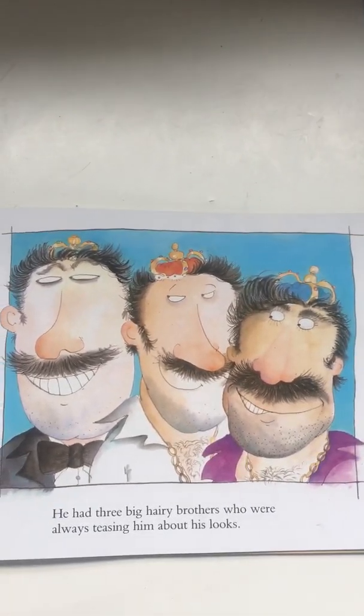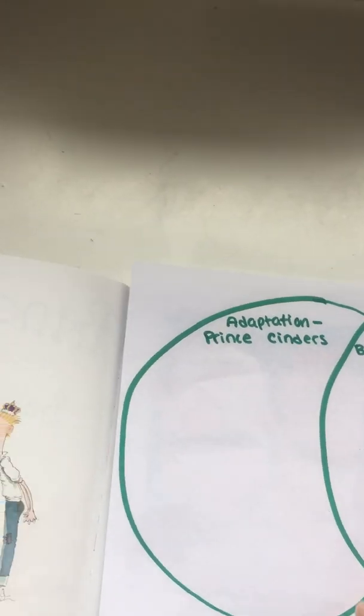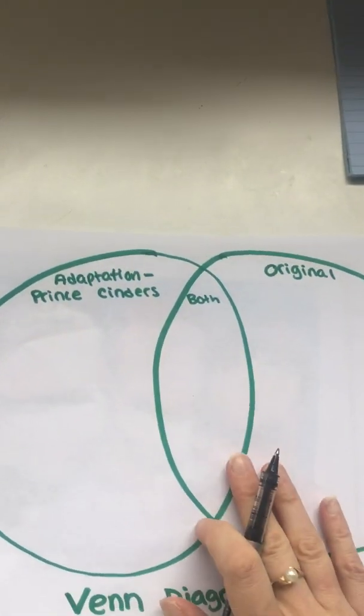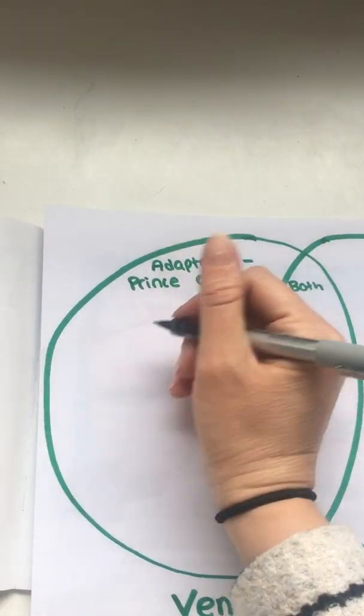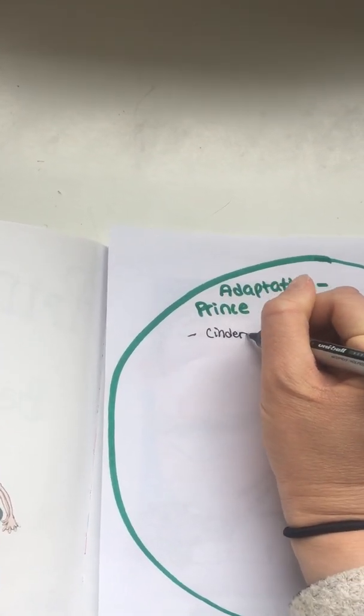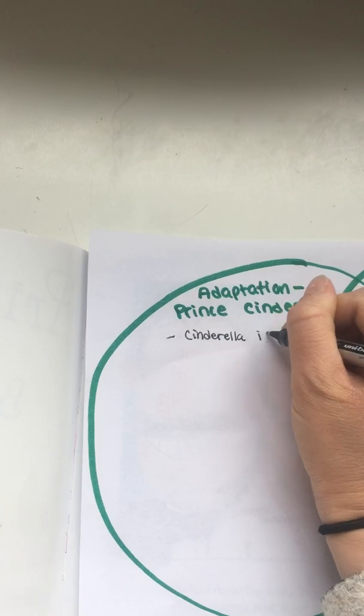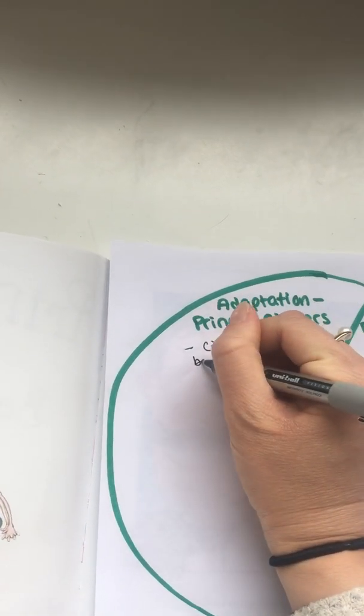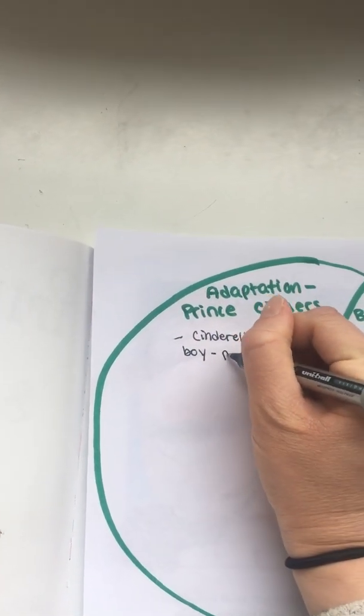Right away I'm noticing some differences between this adaptation and the original version of Cinderella. So in this adaptation, I'm noticing Cinderella is a boy. And I'm going to write Prince Cinders.